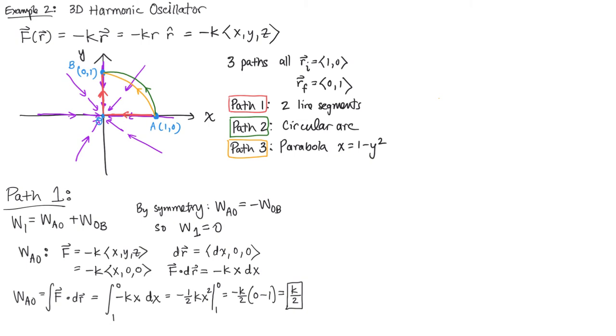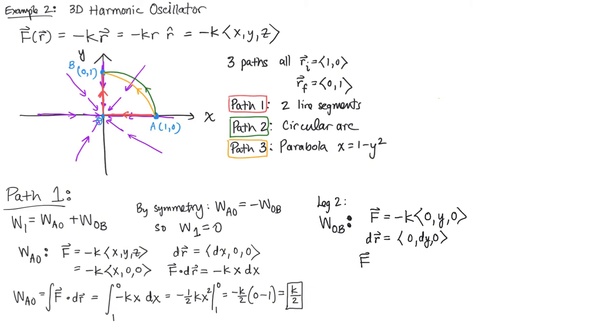You can do the same thing for the second leg, and you're going to find a similar response. Let's just do that explicitly here. So leg 2, that's the work going from the origin to point B. In that case, our force is minus k times the position, where we're at x equals 0, z equals 0, but at a y coordinate that evolves. Our position step dr is nothing in the x direction or z, but we have a step in the y direction.